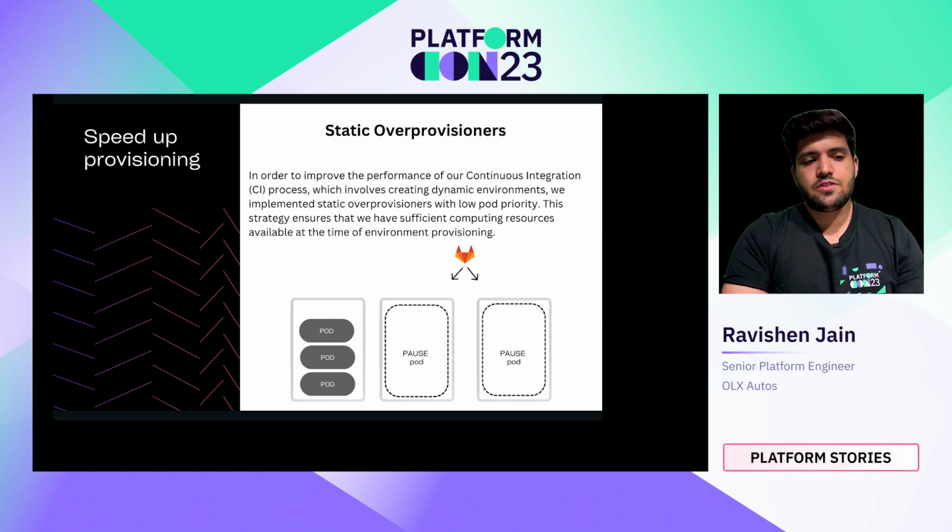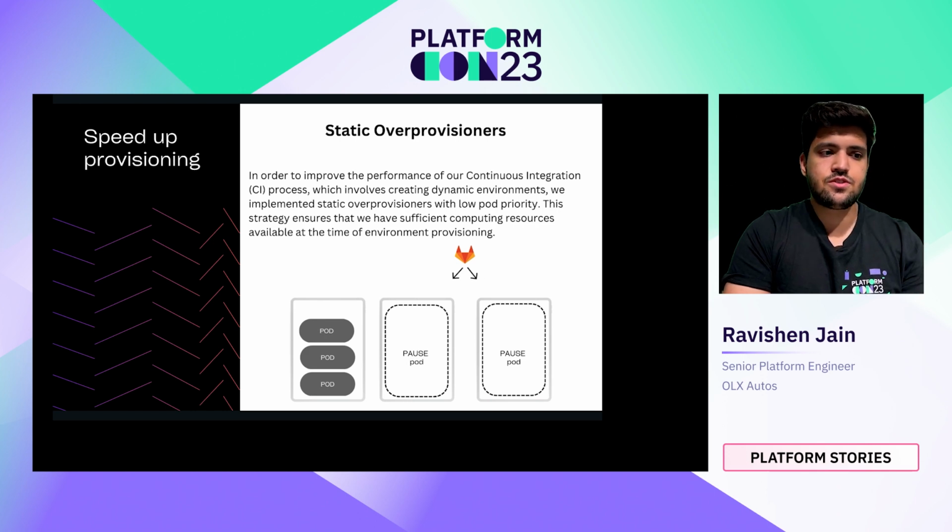So what we did is we spawned some of the pause containers, and those have a pod priority less than the actual workload. So it ensured that we have certain instances always lying around, which could be utilized by an environment.